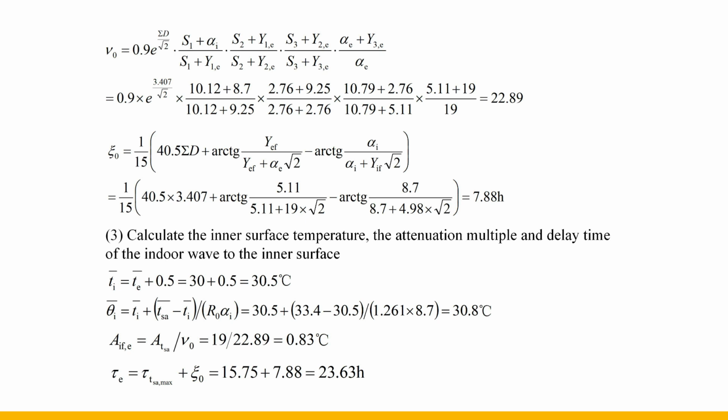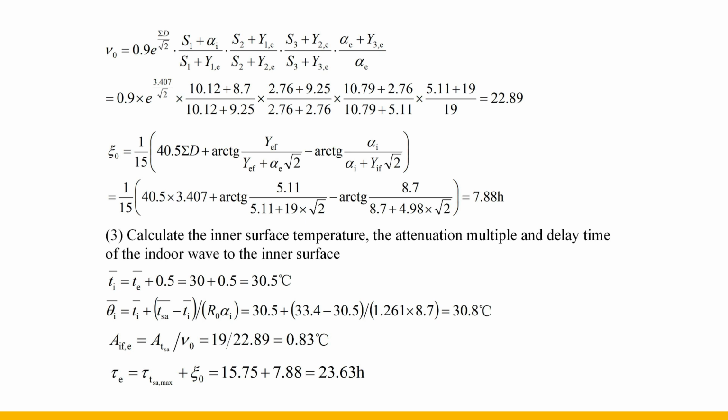The internal surface temperature amplitude caused by outdoor harmonics is equal to the outdoor solar air temperature amplitude 19 divided by the attenuation multiple of 22.89 under the action of outdoor waves, and 0.83 degrees Celsius is obtained.